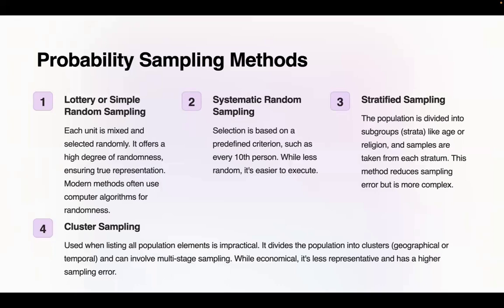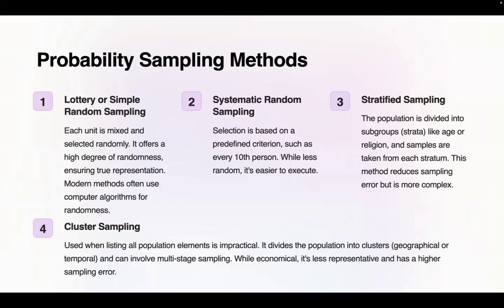And it involves multi-stage sampling. While economical, it's less representative and has higher sampling error. Then why is it done? It is done when defining population elements or criteria is impractical or difficult. Then they just cluster the population and take samples out of it.